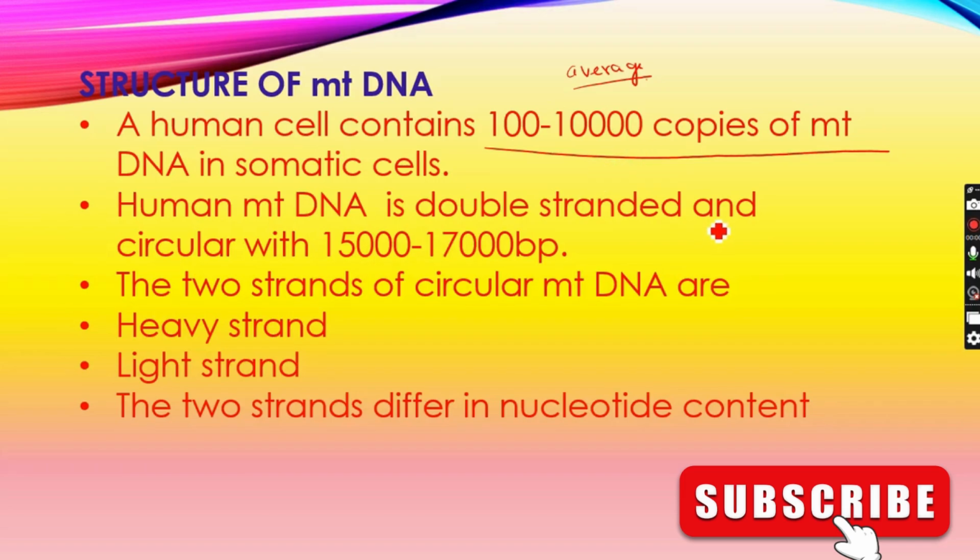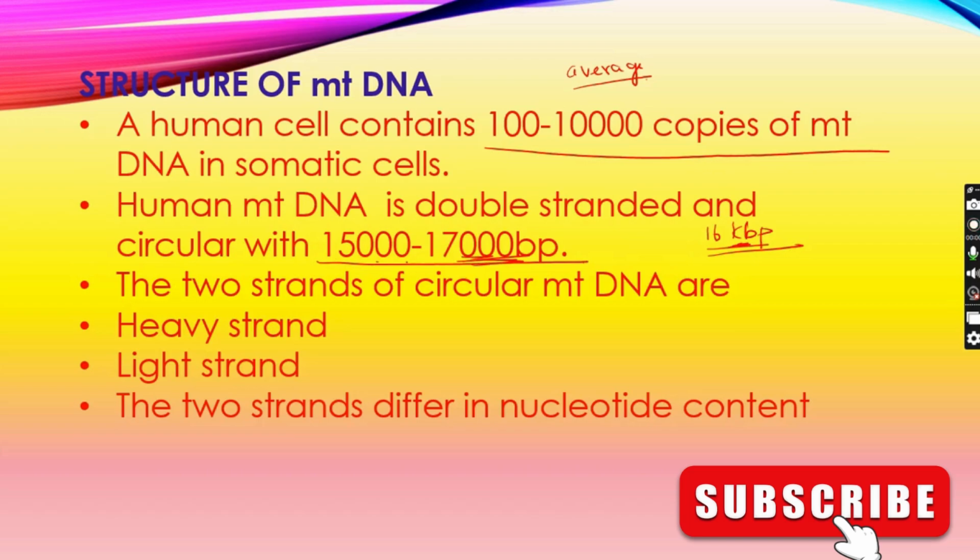As we said, it is 16 kilo base pairs, about 15,000 to 17,000 base pairs, where kilo means 000. So a human mitochondrial DNA is circular, double stranded, and 16 kilo base pairs in length.